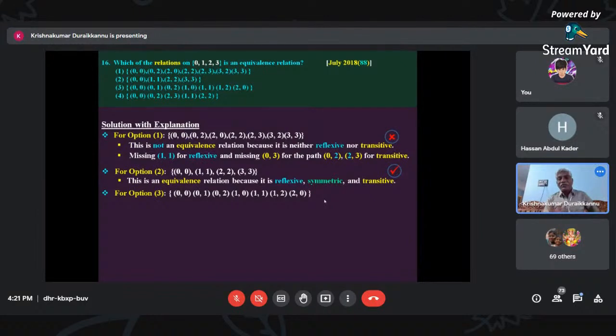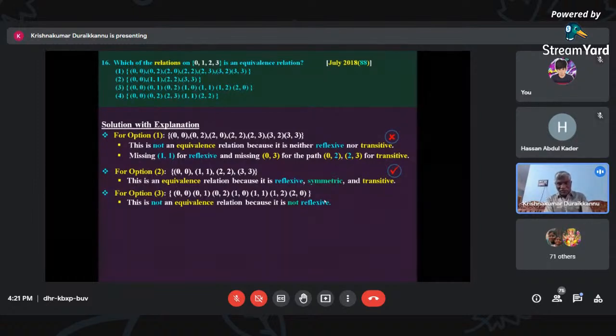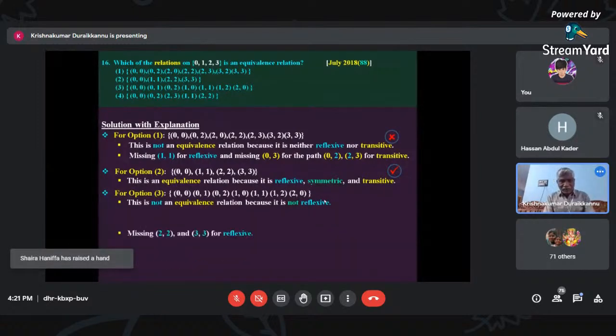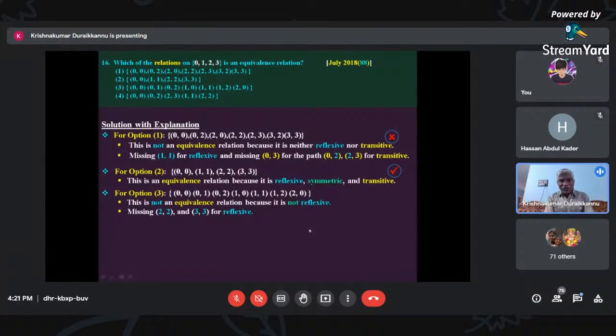There is no need to waste time checking transitive or symmetric. If one of the conditions fails, we can declare that. So this is not an equivalence relation because it is not reflexive: (1, 1) and (0, 0) are there, but (2, 2) and (3, 3) are missing.